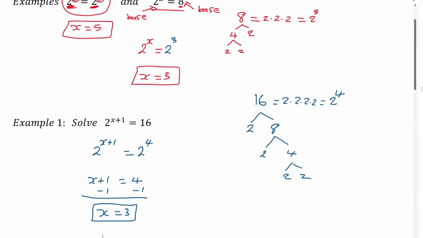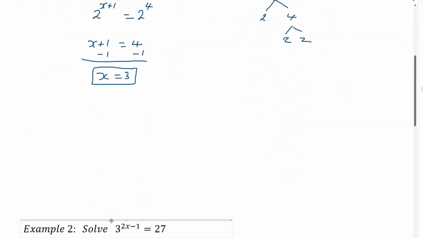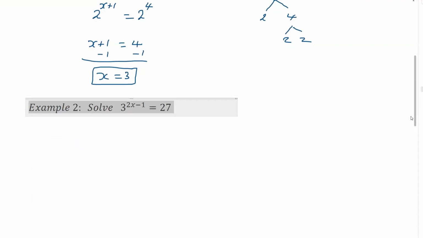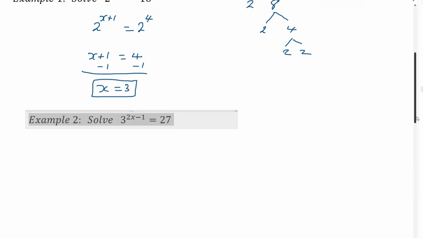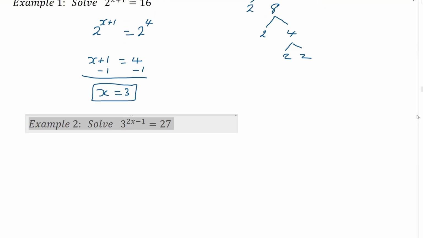All right, let's try another one. So now we want to solve 3 raised to the power 2x minus 1 equals 27. So it's 27, we now have to change to base 3.